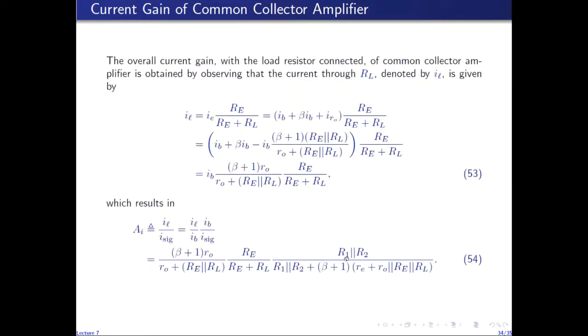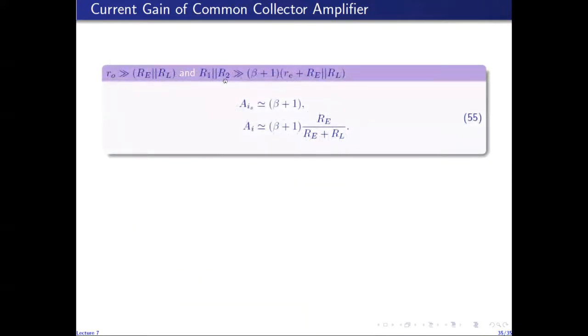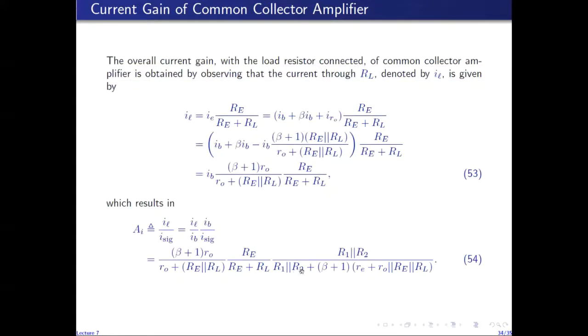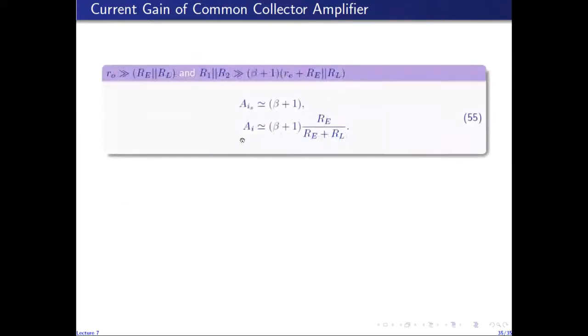And for the third term, I've made the assumption that R1 in parallel with R2 is much greater than this term, so the denominator can be approximated with R1 in parallel with R2, which then gets cancelled with the R1 in parallel with R2 in the numerator. So this third factor will become 1. The reduced overall current gain of the common collector amplifier will be given by this expression.